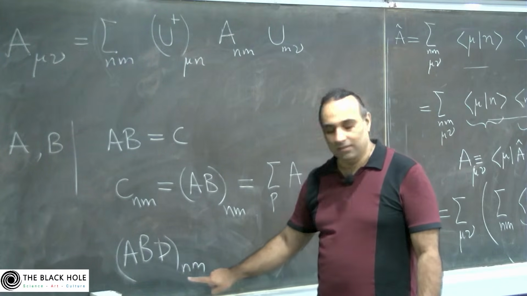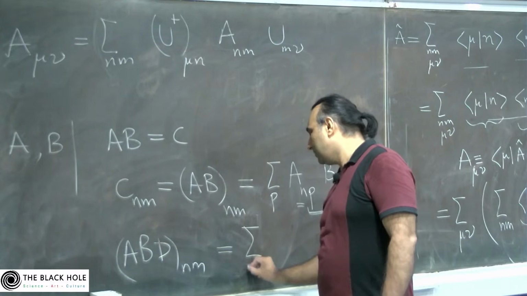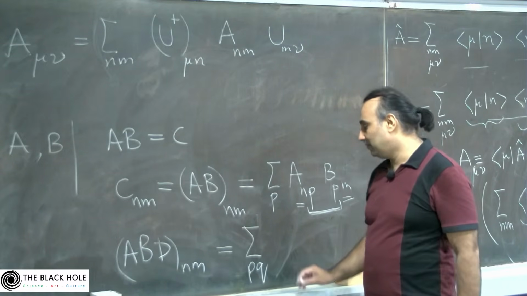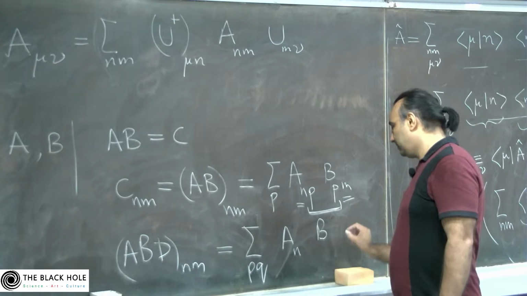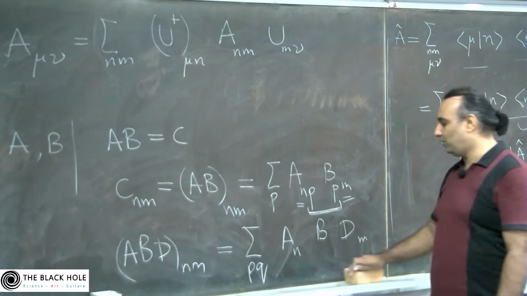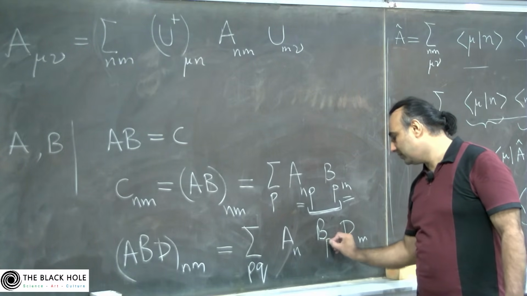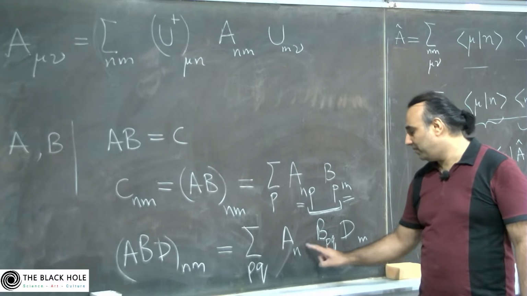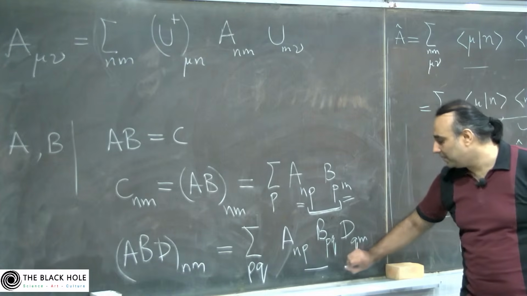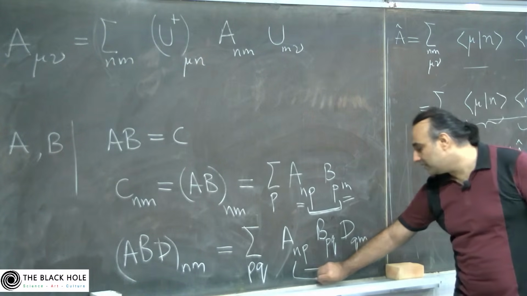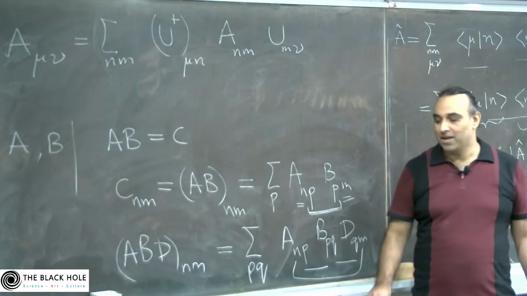The nm-th element of this product: now we have two sums, p and q, so it will be n over here and m over here, and suppose we use p, q, then p will be here and q will be here. So it's like A np, B pq, D qm, and these are the free indices on the outside, and you sum over all these. So that's the rule.